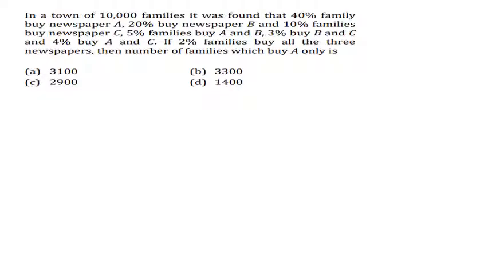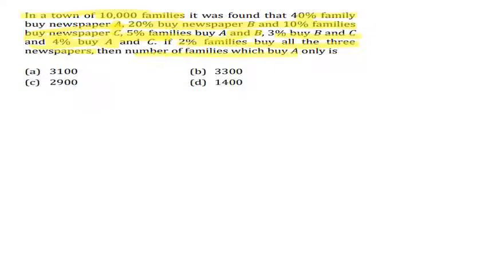In a town of 10,000 families, it was found that 40% of families buy newspaper A, 20% buy newspaper B, and 10% of families buy newspaper C, 5% buy A and B, 3% buy B and C, and 4% buy A and C, and 2% of families buy all the three newspapers.